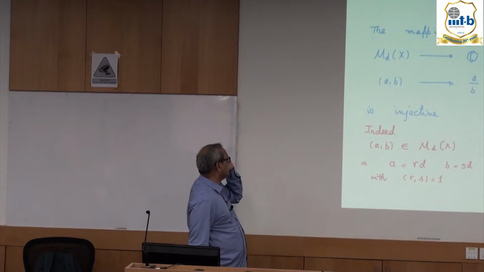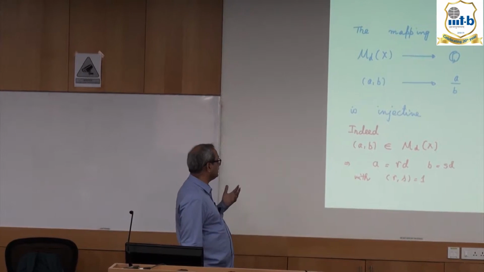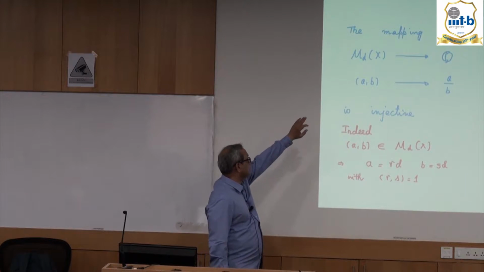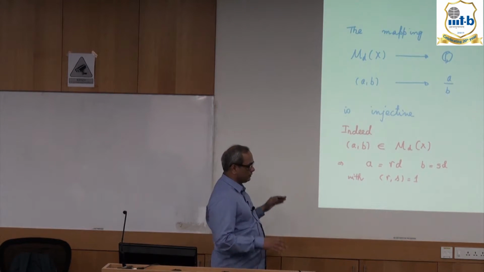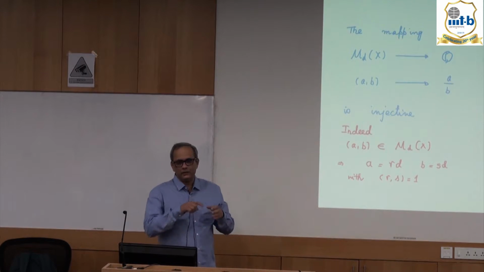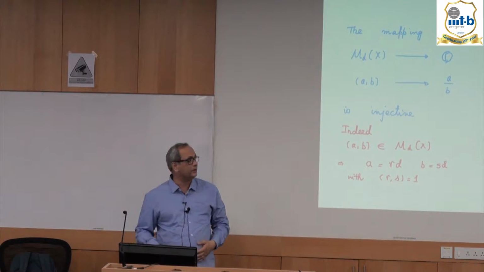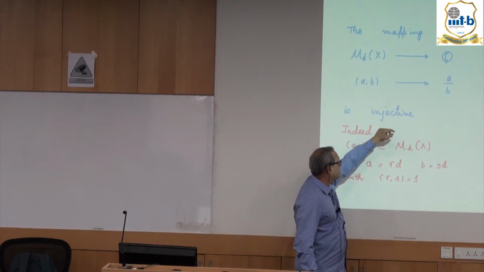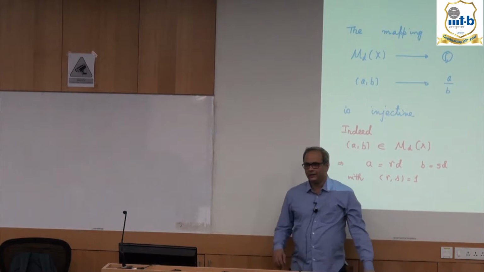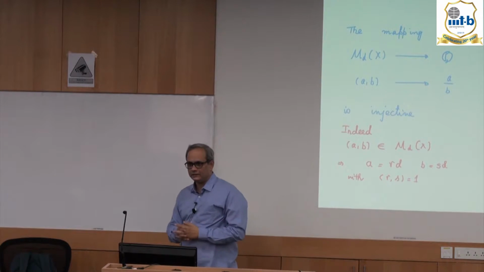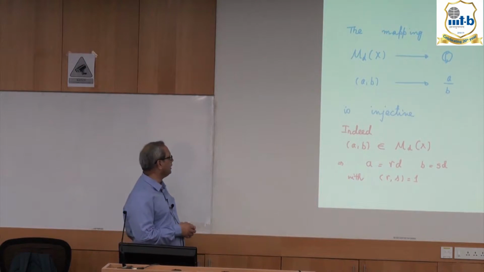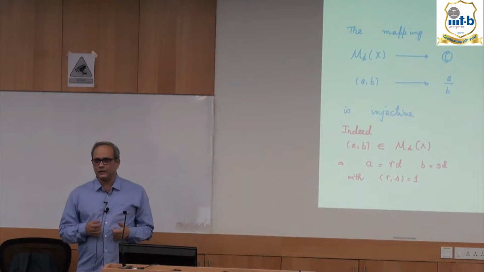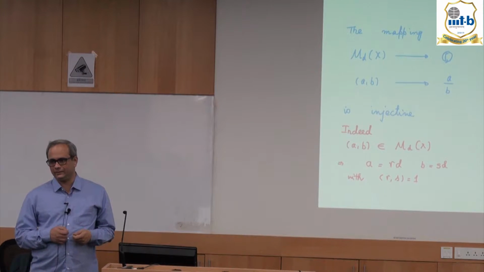The crucial property of M_d(x), the reason we are interested in it, is this: for any d greater than or equal to 1, if you look at all pairs (a, b) with GCD of a and b fixed to be d, then the map that takes the pair (a, b) to the rational number a/b is an injective map. It's a one-to-one map. Namely, two different pairs with the same GCD cannot produce the same rational number.